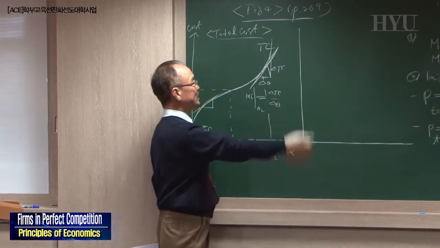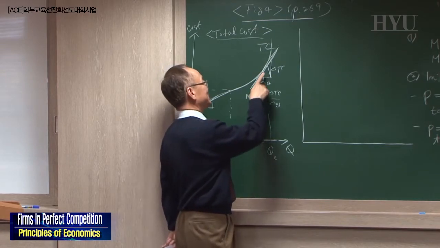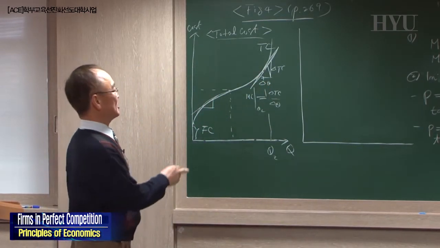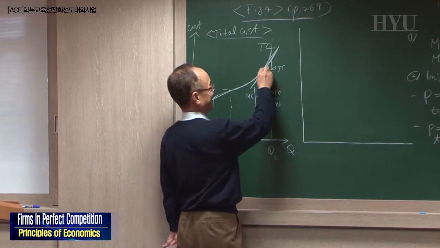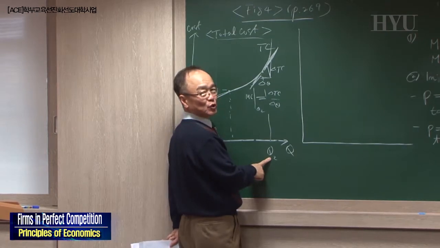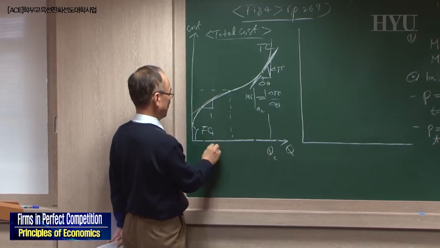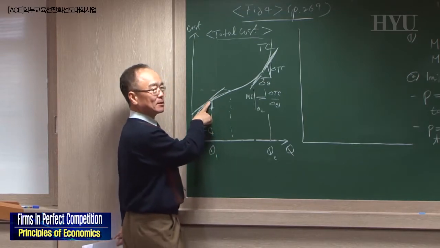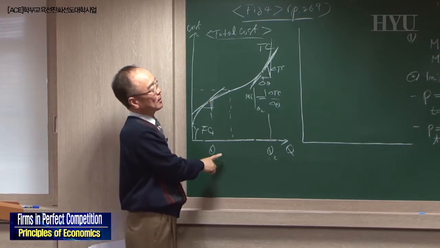One more time, the slope on a curve at a particular point represents the marginal cost at that particular point, Q2. This is Q1. Then the slope at Q1 is the marginal cost at Q1.